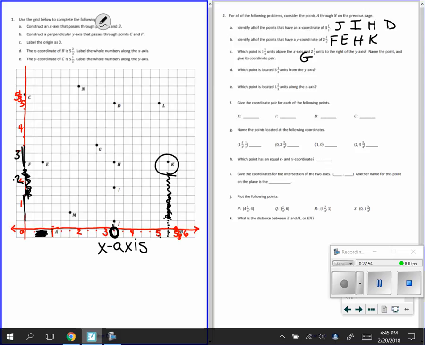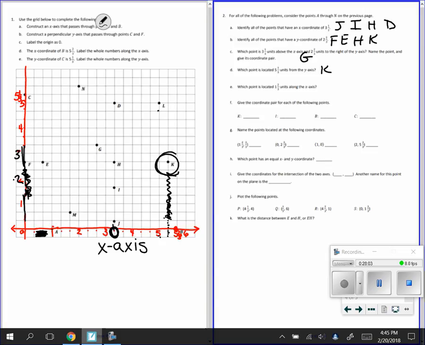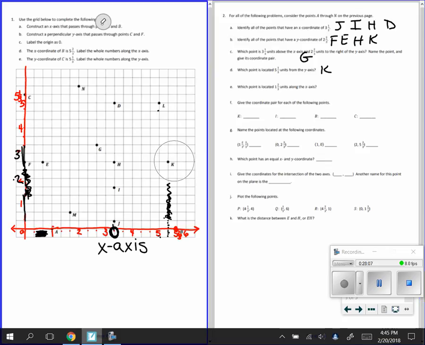There's nothing else. This one's 5, but this is the only one that's 5 1/3 away from it. It doesn't say up the y-axis, it says away from it.